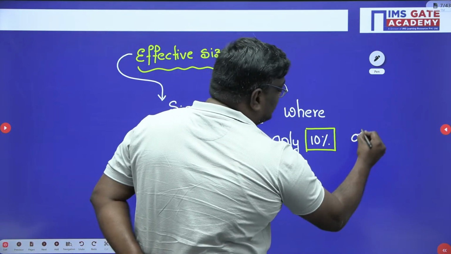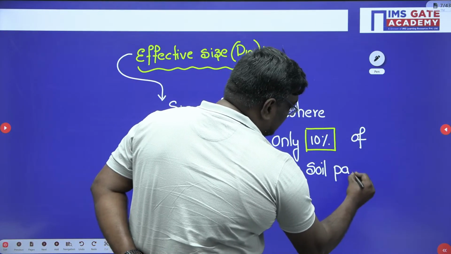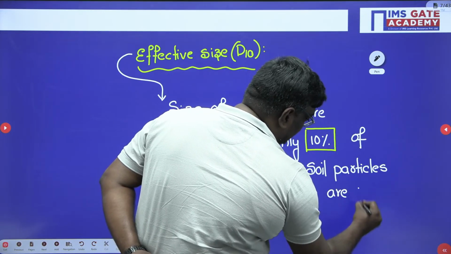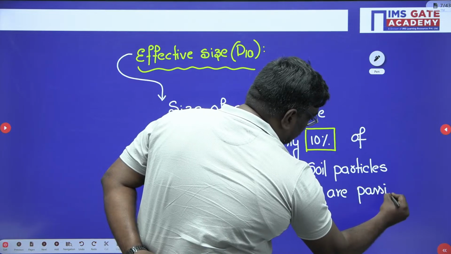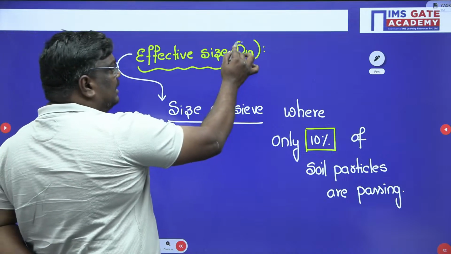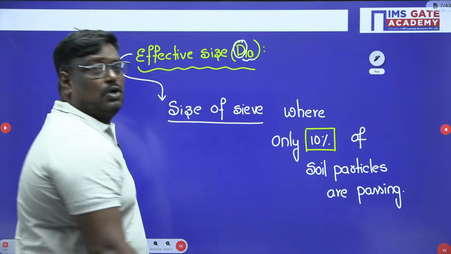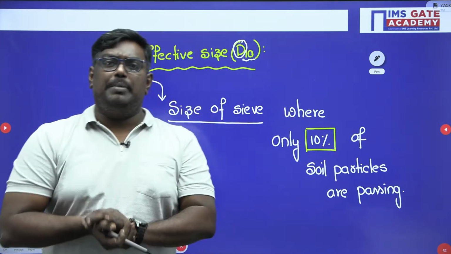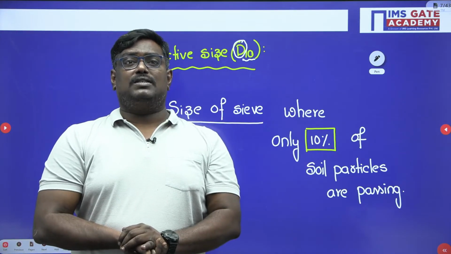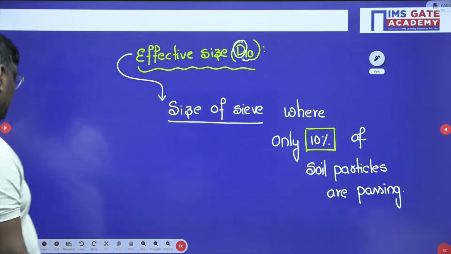Here we have D, which represents the size of the sieve, and 10 represents the percentage. So effective size is the size of the sieve where only 10% of the soil particles are passing. I hope you are clear. Agree or not?